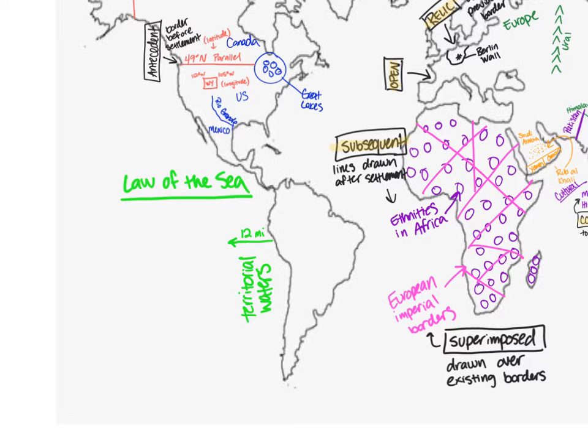Okay, so this just means that these first 12 miles out into the ocean function as if it's on land. So they have complete power over that 12 miles, and any laws that are in that country will apply completely for these first 12 miles out into the water, okay?